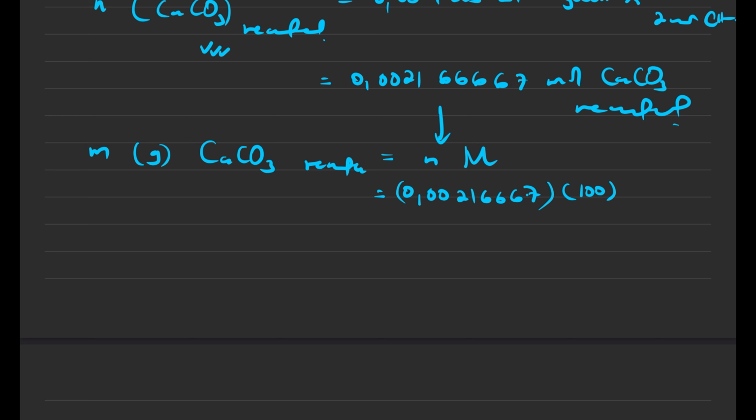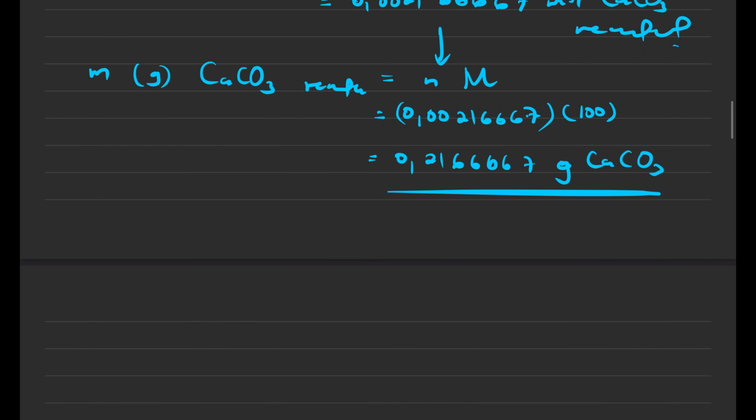After you multiply this times 100, I get 0.216667 grams of calcium carbonate. So this is the pure amount in the household vinegar.